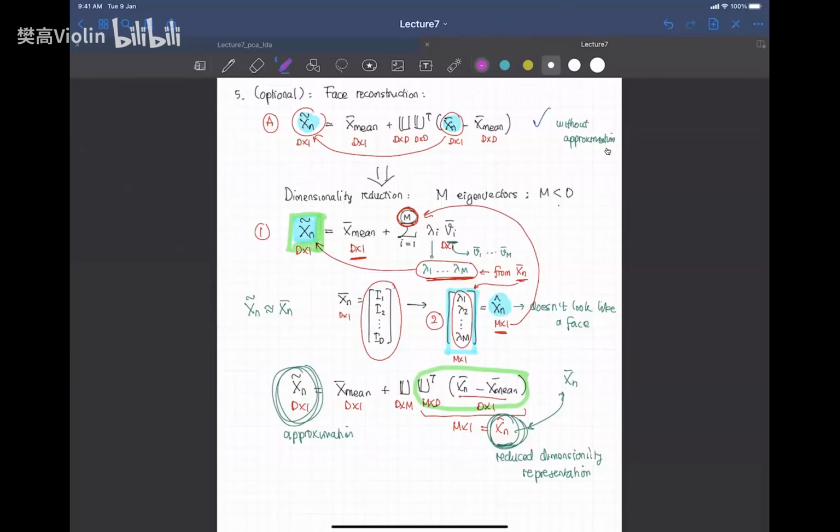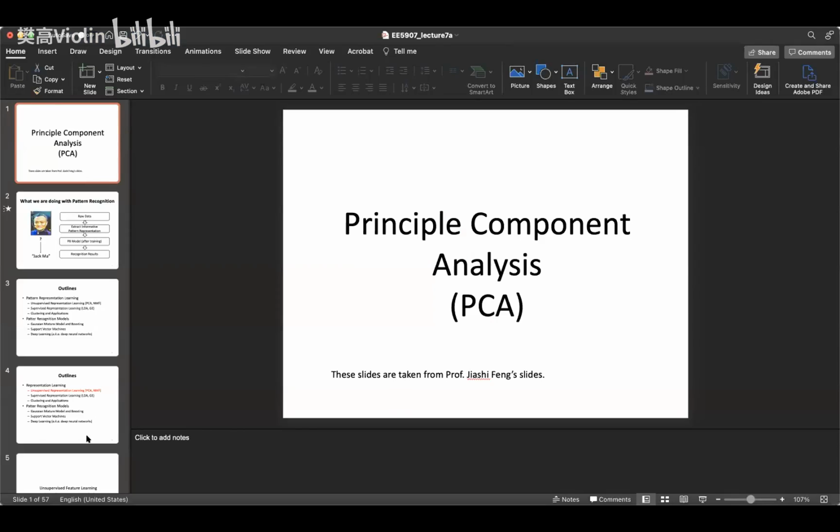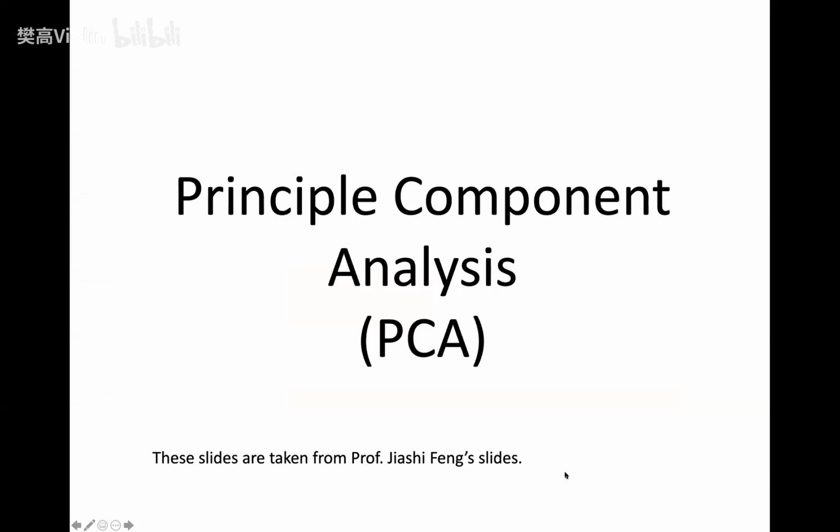Okay, so let's discuss this a bit more intuitively. I will share the slides. This slide is taken from Prof. Feng, the previous instructor.